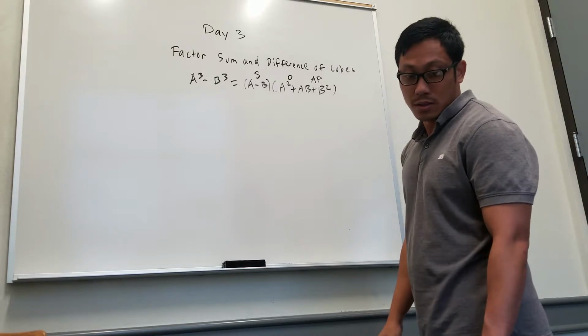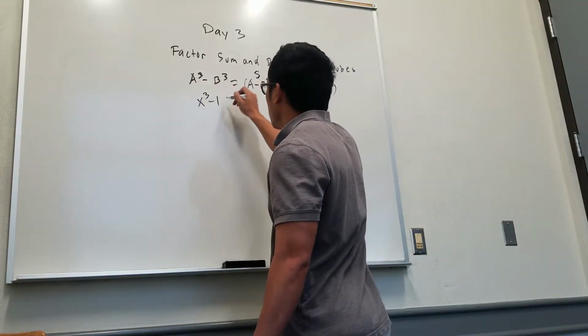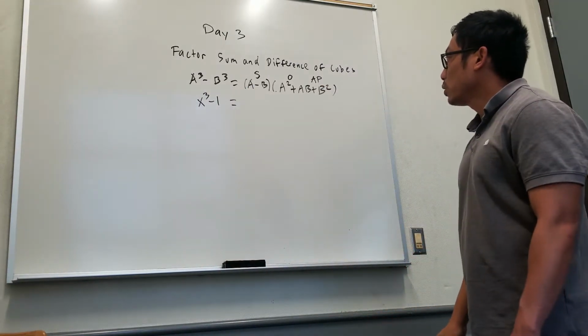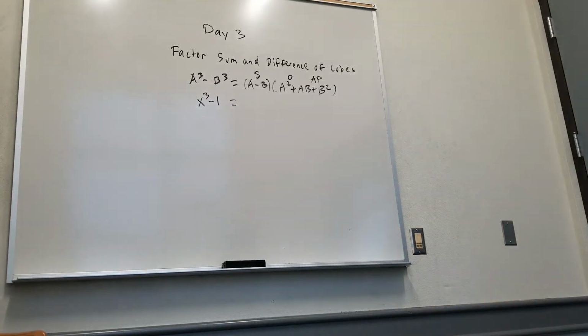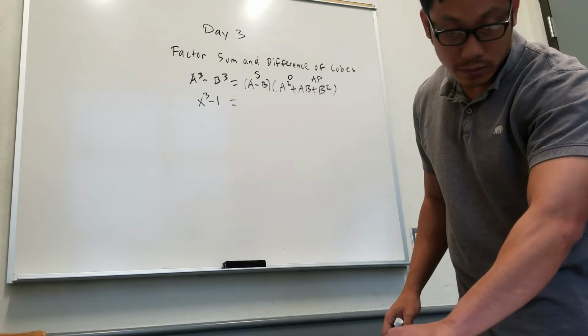Okay, so let's do an example. X cubed minus 1, so it's not that much different than the one we did, except we just have the formula. So try it out.